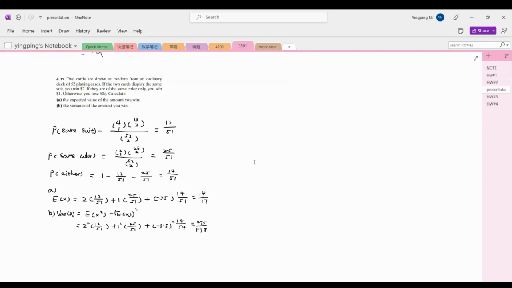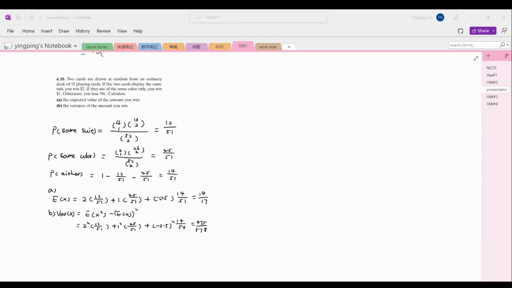The answer is 14 over 17. And for question B, the variance of the amount you win is E of X squared minus E of X squared. The final answer is 475 over 578.